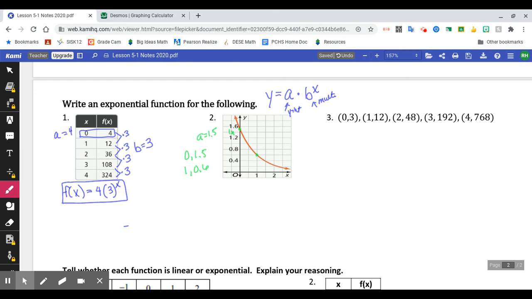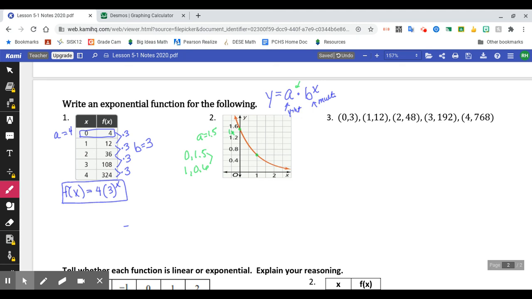To get from here to here, we're actually multiplying again, but it's actually getting smaller, right? So 1.5 to 0.6. Now, this is a multiplication problem, so we can't put that we're dividing by a number, but remember when we talk about dividing by a number, we're actually multiplying by that fraction.